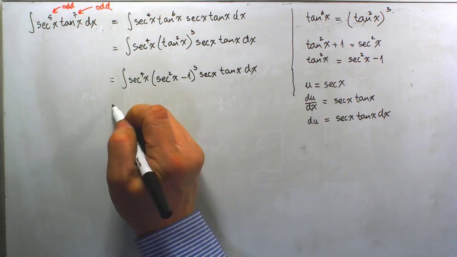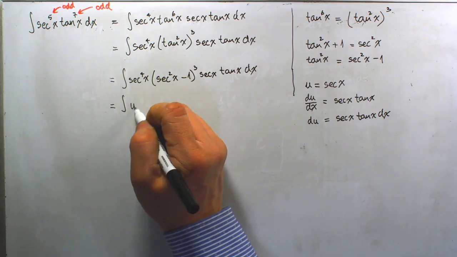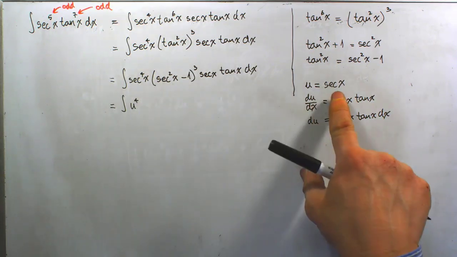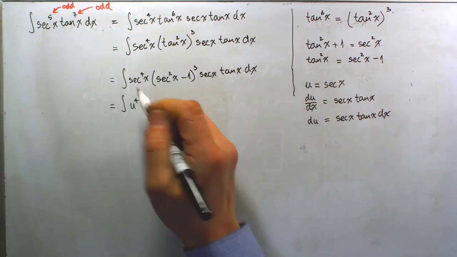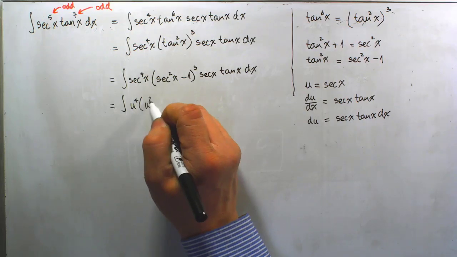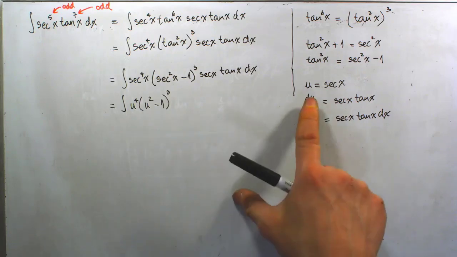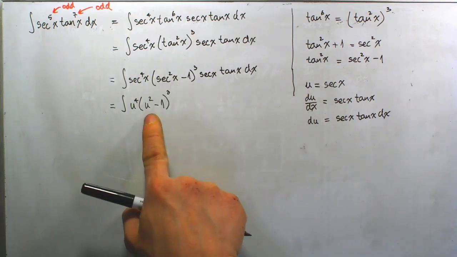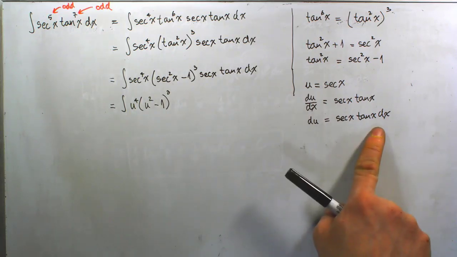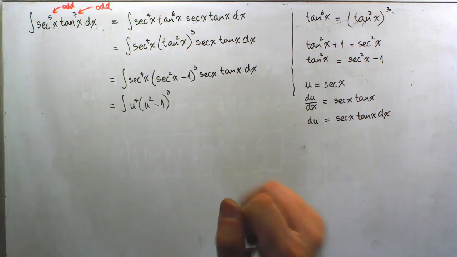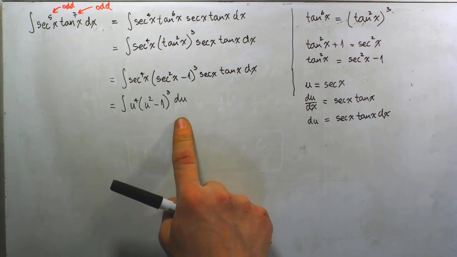And so the integral now will become an integral of u to the 4th, as I substituted secant with u, and in parentheses, u squared minus 1, to the 3rd power. The secant of x tangent of x times dx can now be substituted by du. So we have a du here, and this integral now is completely in terms of u.